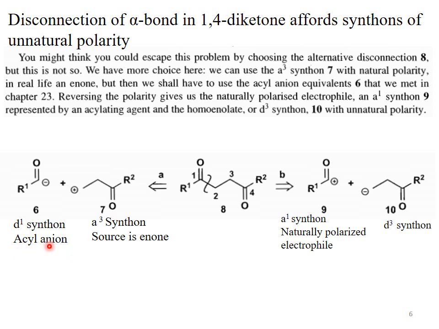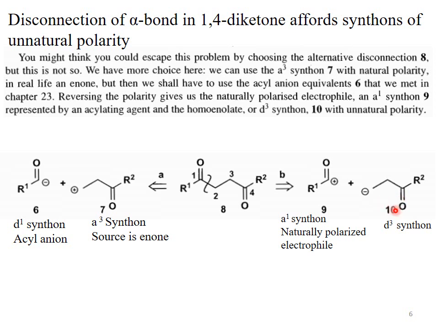The source of this A3 synthon, that is fragment 7, is enone. So the source of the A3 synthon is the naturally occurring compound, that is enone. But the acyl anion, that is the D1 synthon, is a synthon of unnatural polarity.